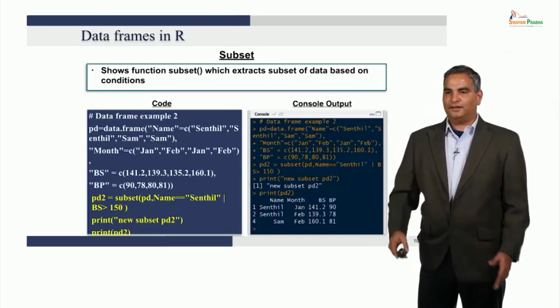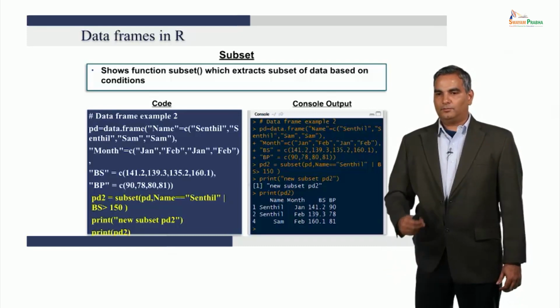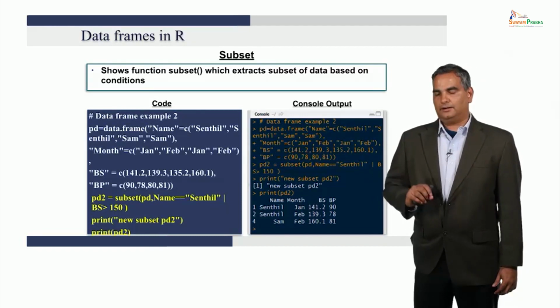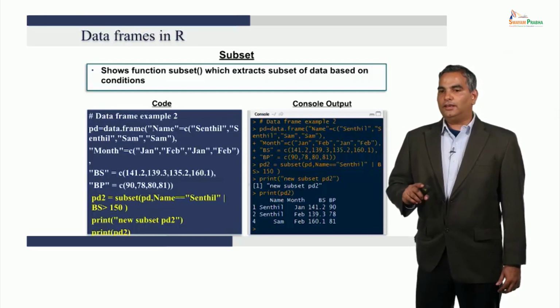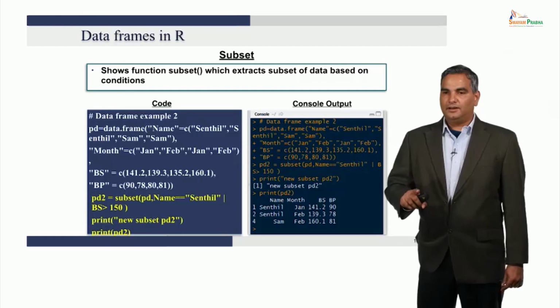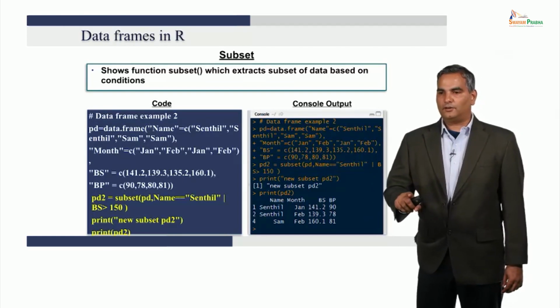So we have this data frame that we are developing. Now what we are going to do is we want to pick only a certain subset of this data frame. So here we are trying to pick only a subset which has name Senthil and blood sugar numbers greater than 150.